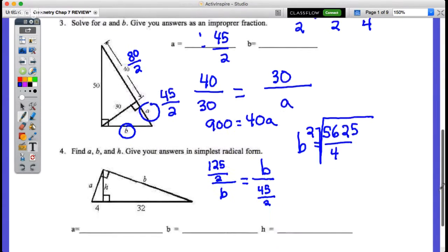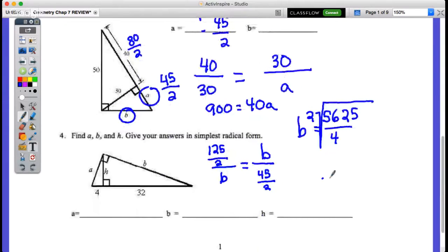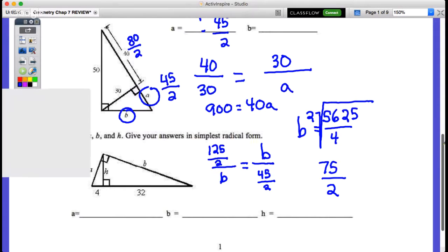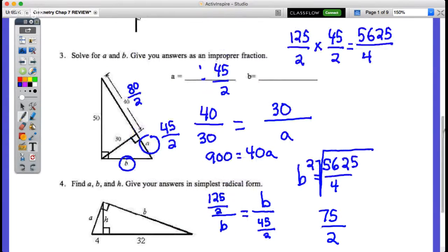Fortunately for us, our denominator is going to be 2. Let's see if we get lucky. What is the square root of 5,625? Is it a whole number? Yeah, it's 75. So the answer to this one is 75.